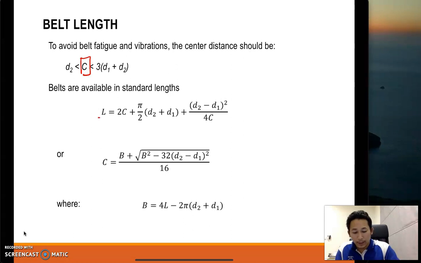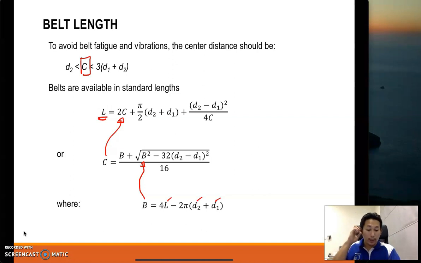This is the standard length where C is this one and B is this one. So we need to have our D and also L to get our B, and then we can get our length.